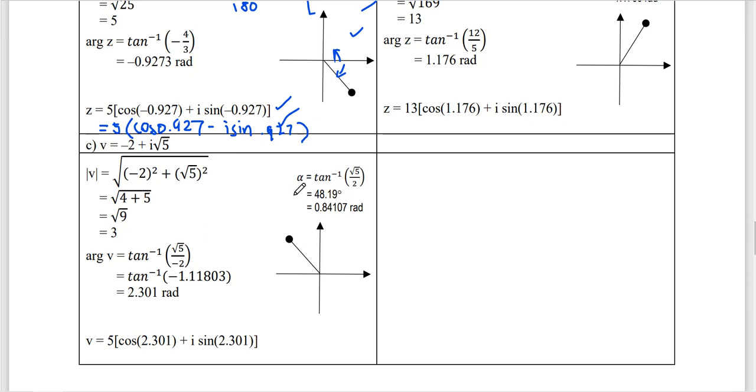So this one, you see negative 2 is here. So you know here is positive, but the angle should be more than 90, more than pi over 2. So if here, the basic angle is here. What you get is here, but because of here, you use pi minus this, you get this.